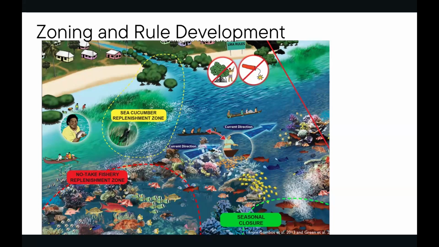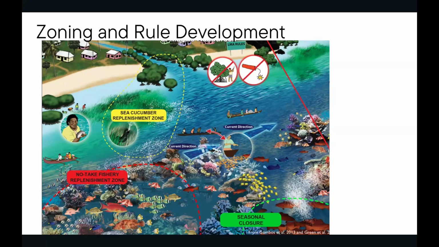And then there's one yellow zone that's a sea cucumber replenishment zone, to basically say there's no taking of sea cucumbers, but you can do and take other things in this area. And then in the whole area, they have rules that prohibit the clearing of mangroves and prohibit dynamite fishing. So that is not allowed in the whole area.